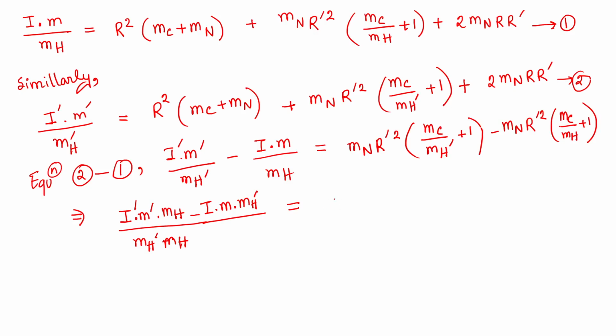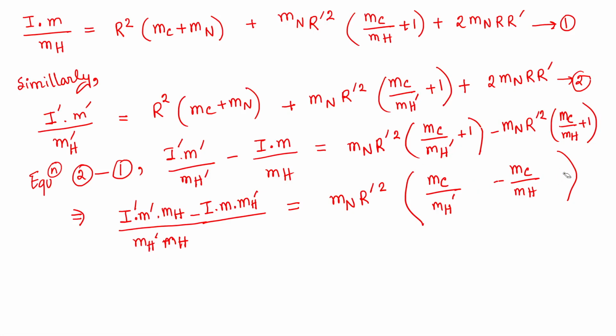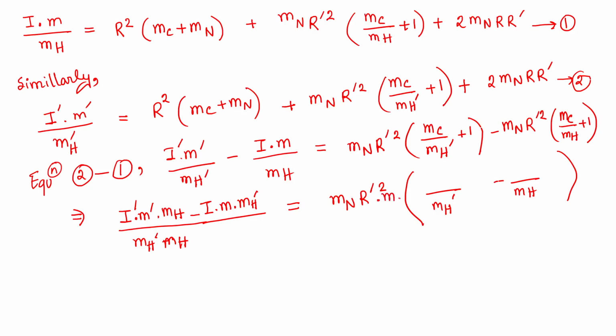Maybe I will not do the step jump. Let me take common mc by mh dash plus 1 minus mc by mh minus 1, right? So 1 will get cancelled. I'll just do a step jump here, right? So mc minus, so I can take mc outside, mass of carbon outside, 1 divided by this.